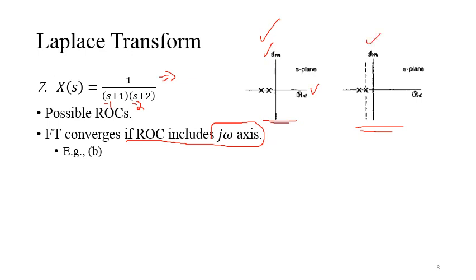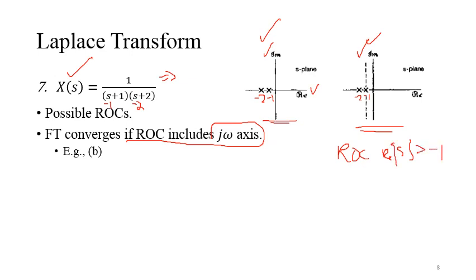So let's see how three different ROCs, or three distinct signals, can be formed based on this expression. We have a pole at minus 2, and this is minus 1. One choice is that we say the ROC is the points where real of s is greater than, for example, minus 1.